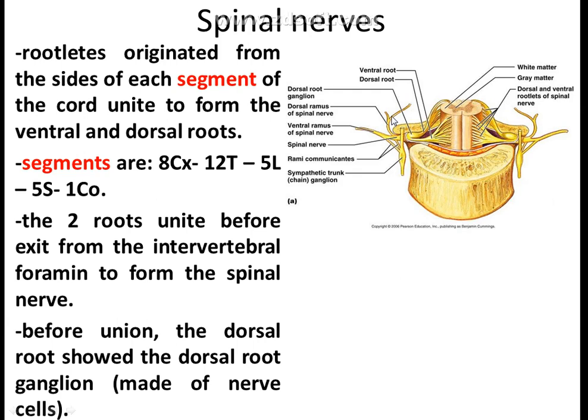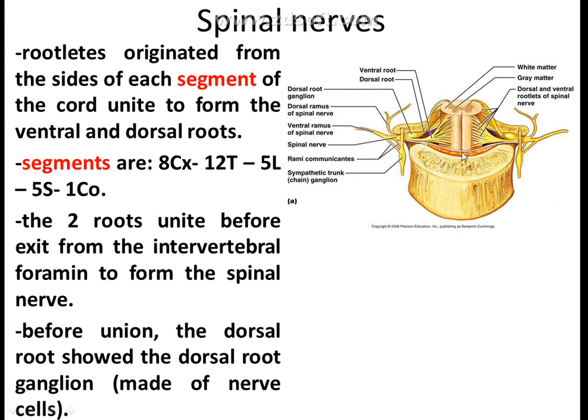Segmental supply means that each segment will supply a piece of muscle and a piece of skin adjacent to it only. It will not have a wide distribution. The dorsal ramus will supply the muscle and the skin just adjacent to it, while the ventral rami will pass to a long distance, supplying many regions in the trunk and the limbs.